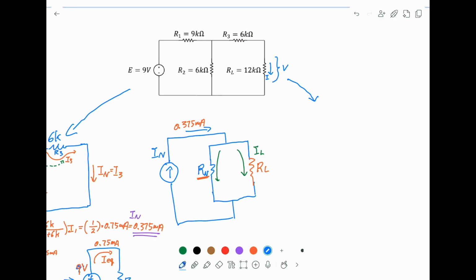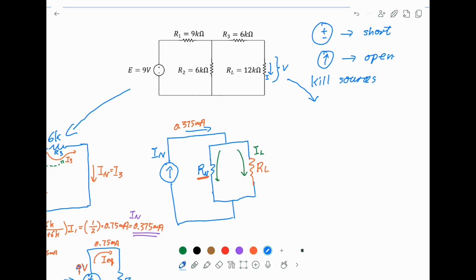We repeat here. This time, we do the same thing. We kill the sources: if you have a potential source, you short circuit. If you have a current source, we replace it by open circuit.